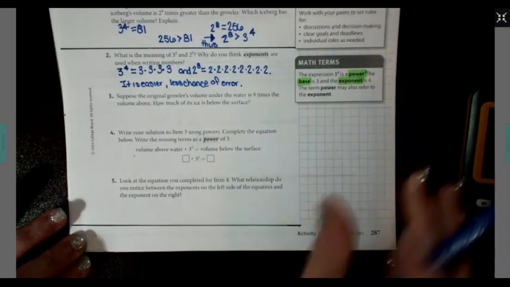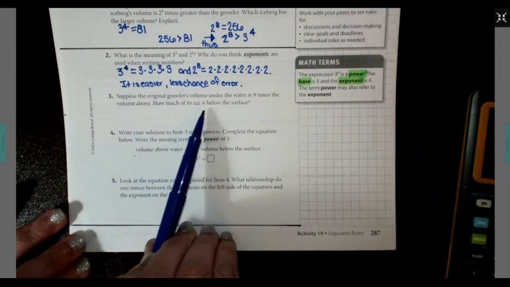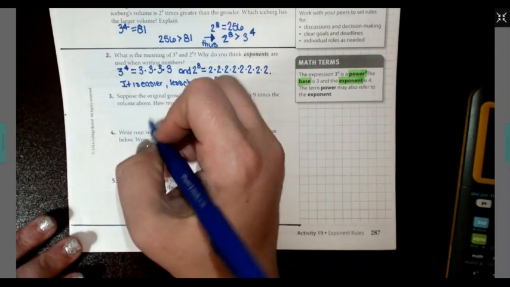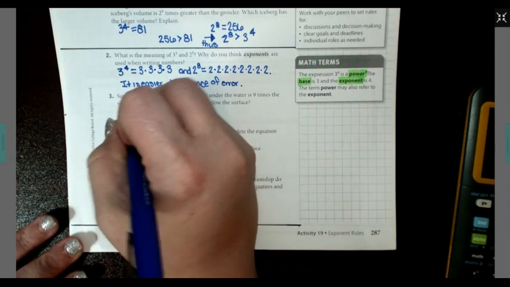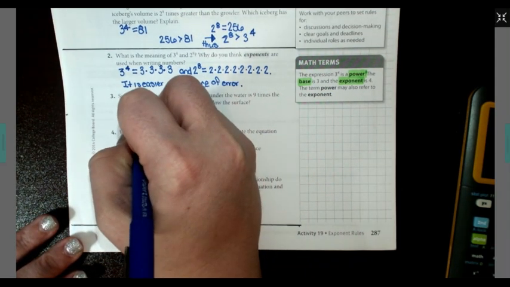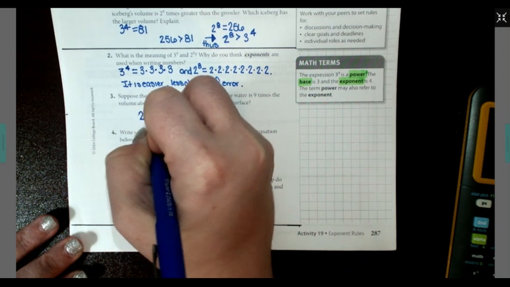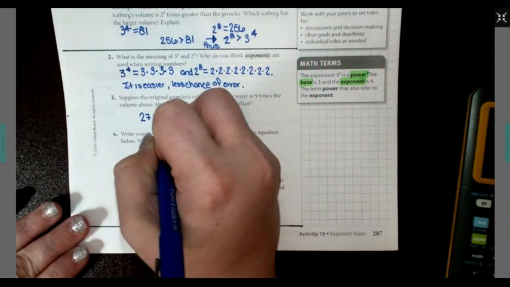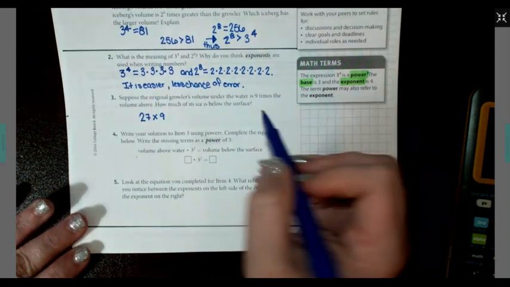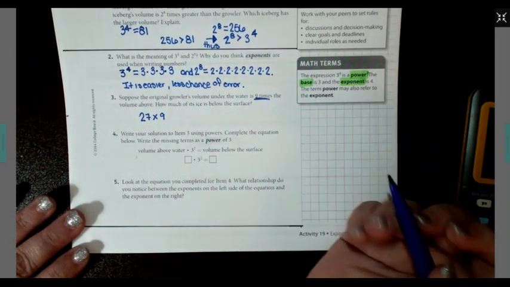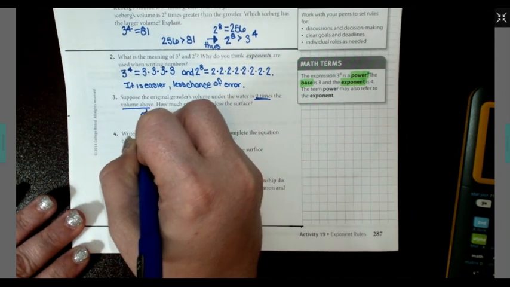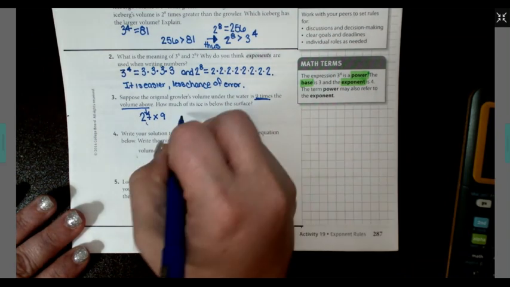And below the water is 9 times what was above the water. So in order to do that, we're going to take our 27 and multiply by 9, because it says 9 times the volume above, and the volume above was this 27.